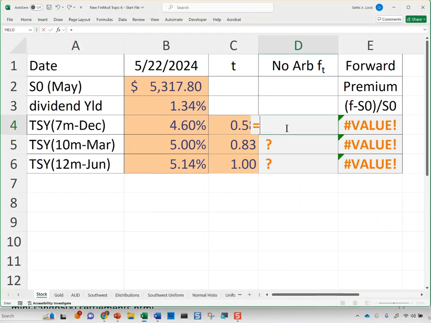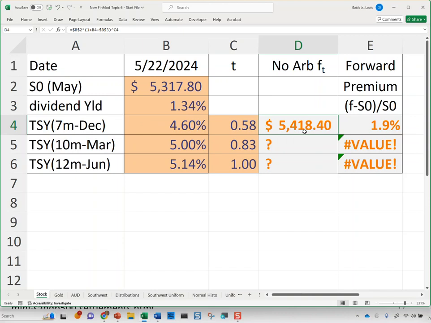So I said the no-arb forward price is the spot price, anchor it, times 1 plus the interest rate, that's the cost of financing the position, minus the dividend yield, anchor the dividend yield, raised to the power of T. So today's spot price of the S&P was 5,300 on May 22nd.